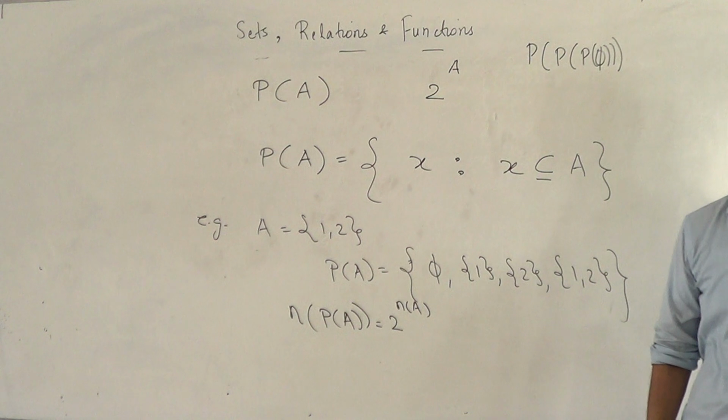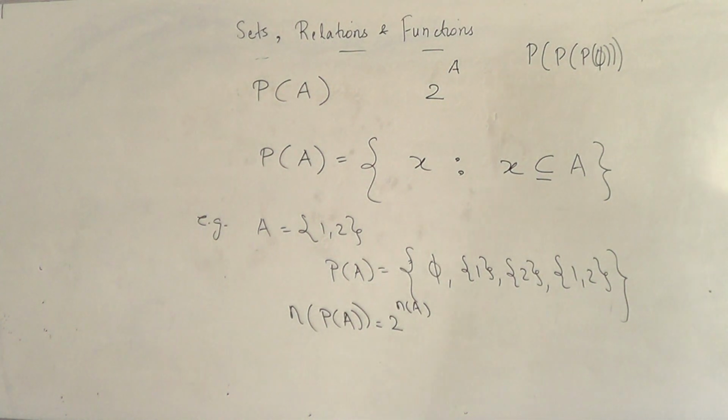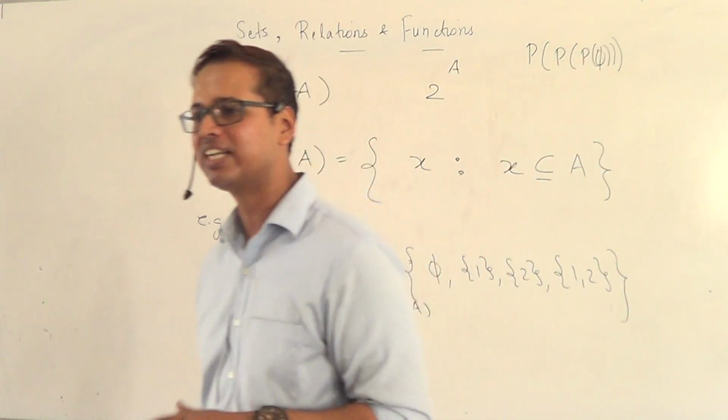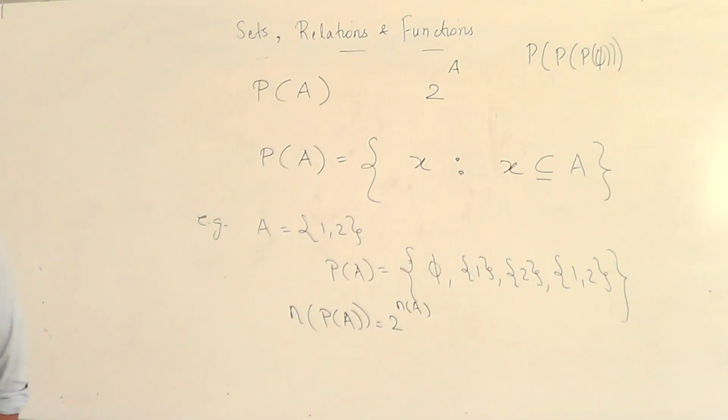Write it down. I'm not asking you the number of elements in this. I'm asking you to list down the power set of the power set of the null set.